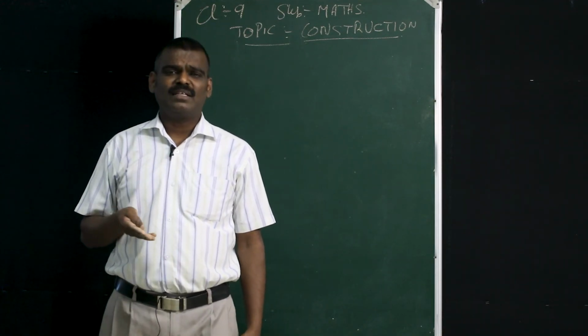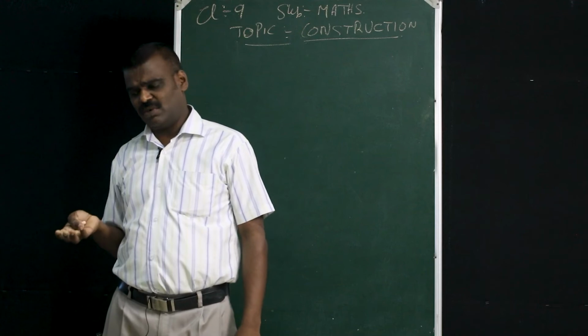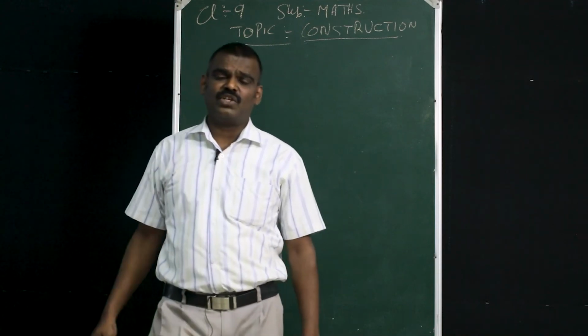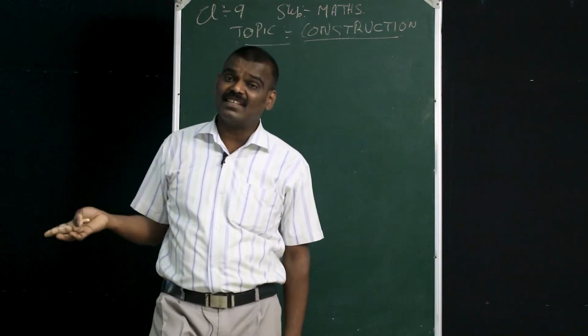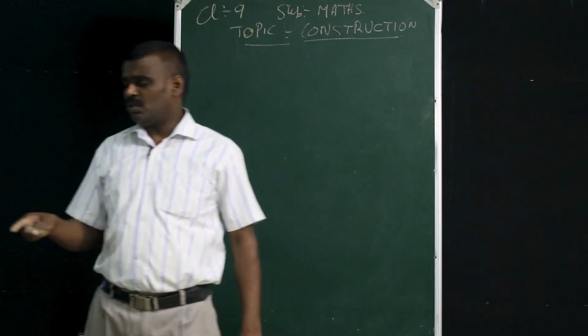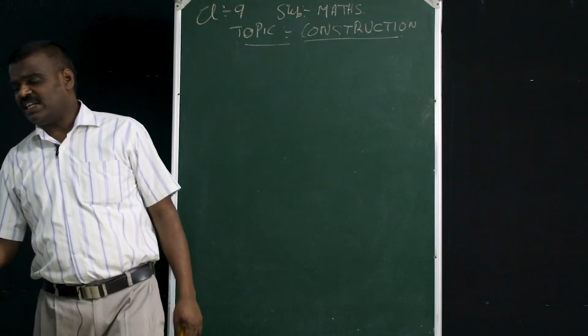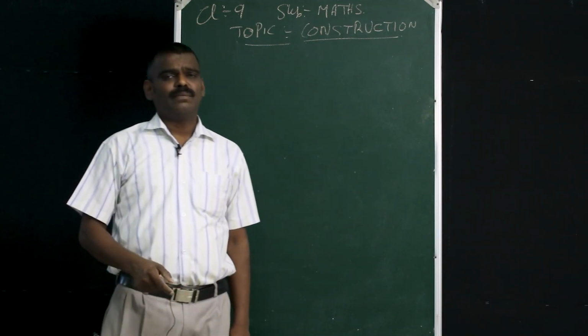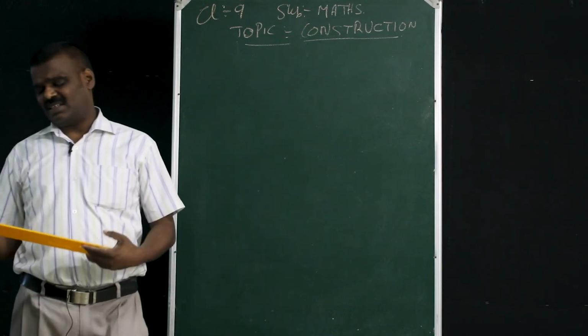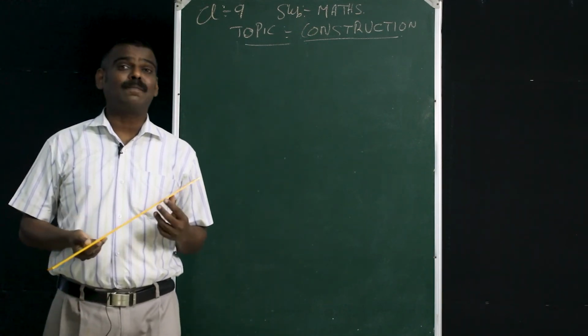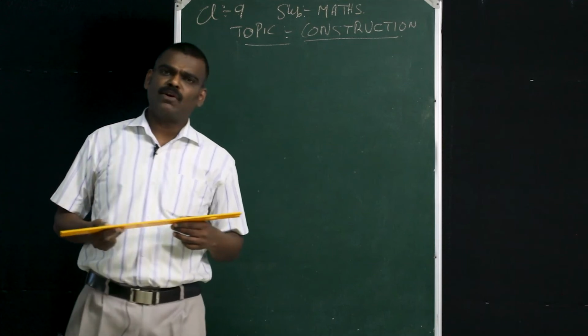Isosceles means two sides are equal. Scalene, none of the sides are equal. Equilateral, all the sides are equal. So the question is, construct an equilateral triangle, which has all sides equal in length.